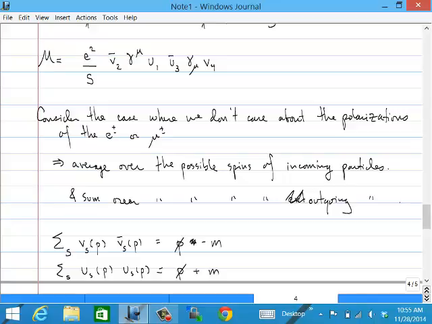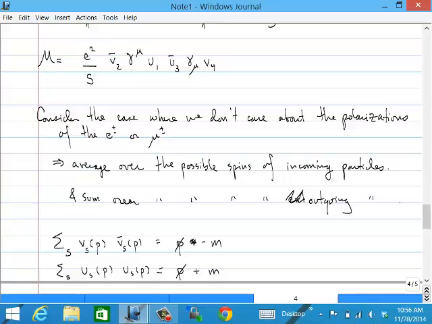Yes. Isn't average and sum the same thing? Well, they differ by a factor of 2, right? Okay. But why don't we sum over these possible spins for the incoming? Well, you do sum, but you should divide by a factor of 2. So, how can I say this?